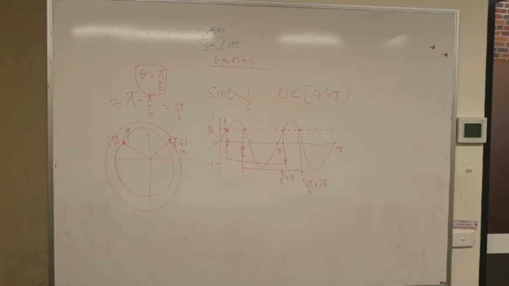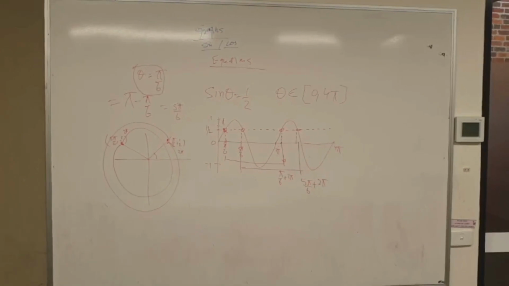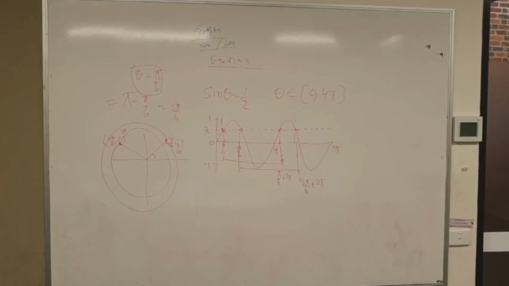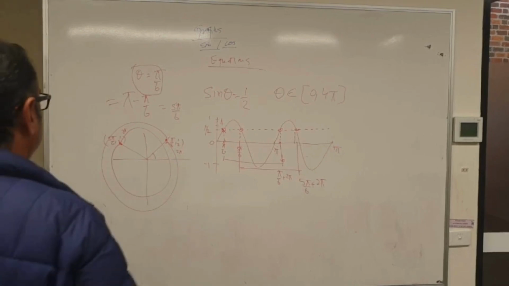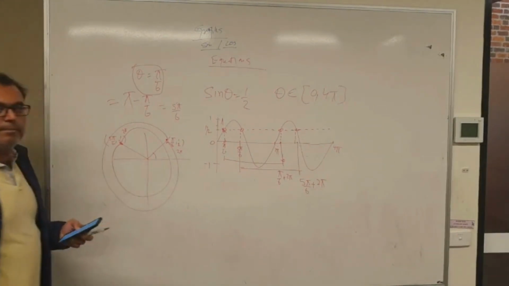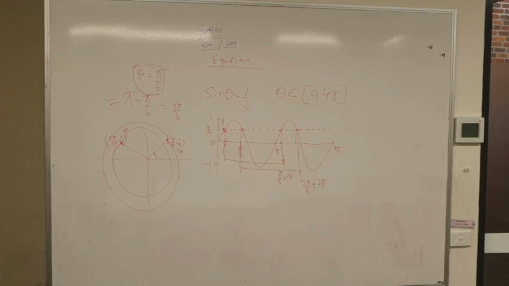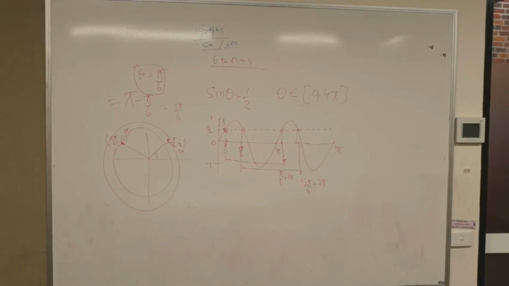Should have 4 answers. Who's got the answers? 4 pi over 3, 5 pi over 3, 10 pi over 3, 11 pi over 3. Oh yeah, I forgot 4 pi over 3. Yes? All good?